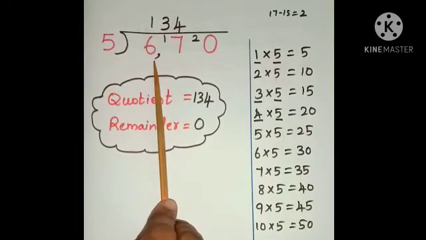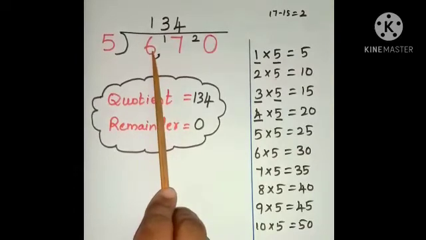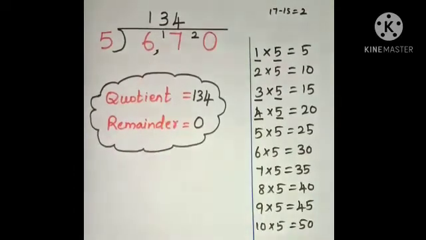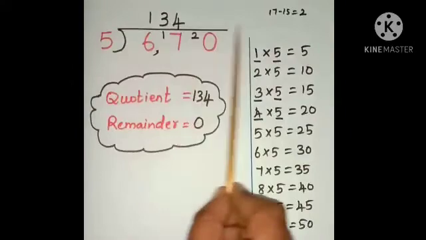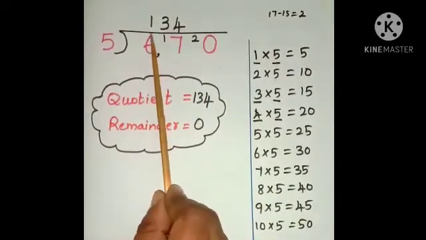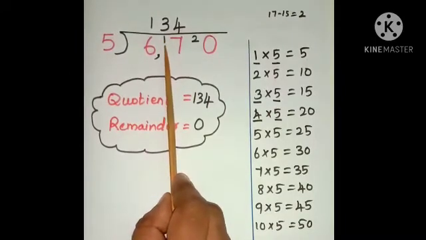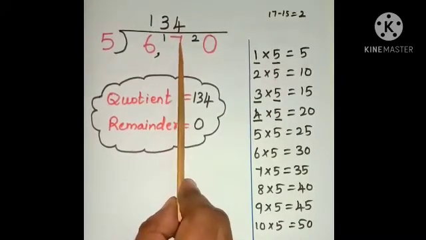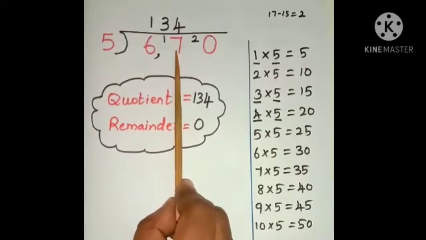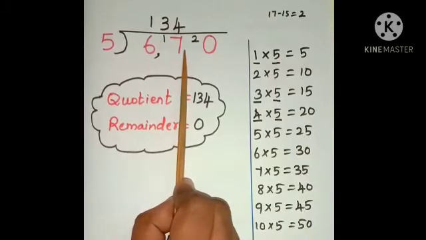5 goes into 6 1 times, that is 1 5 is 5 and the remainder is 1, that is 6 minus 5 is 1. Now students, combine the remainder 1 with the next digit of the dividend and it gives the new 2-digit number 17.